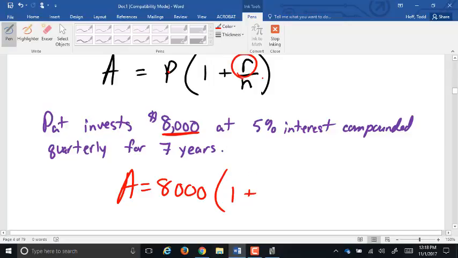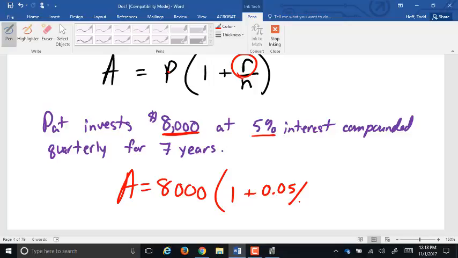What's my rate? 5%. We're going to have to write that as a decimal. So 0.05. That's going to be divided by, what's N here? It's compounded quarterly. So N is 4.